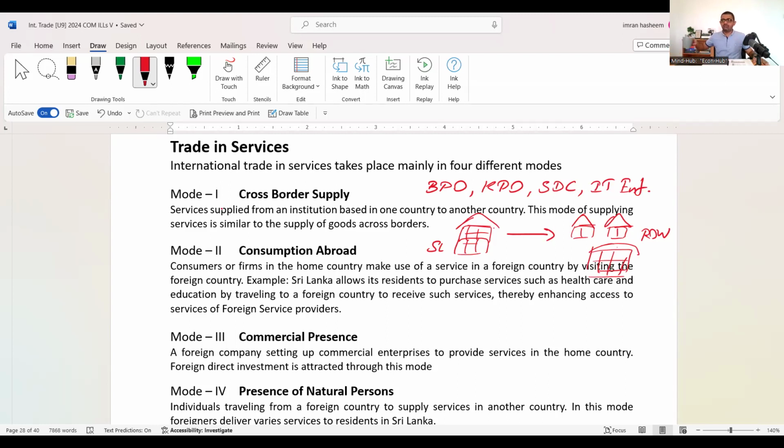Can someone unmute the microphone and tell me? In business studies, I'm sure you have learned, but what are BPOs? Business process outsourcing.